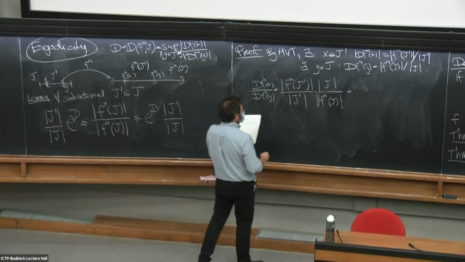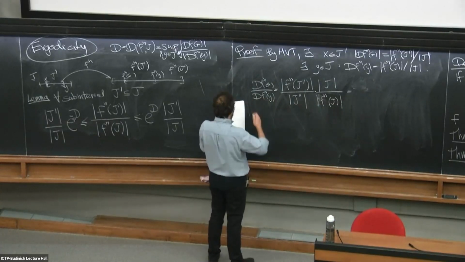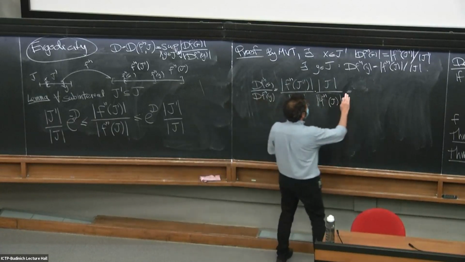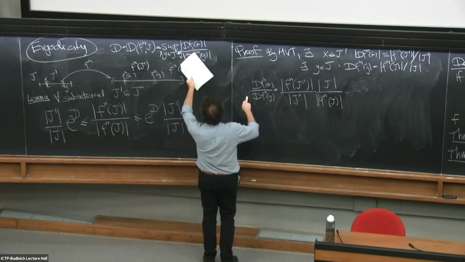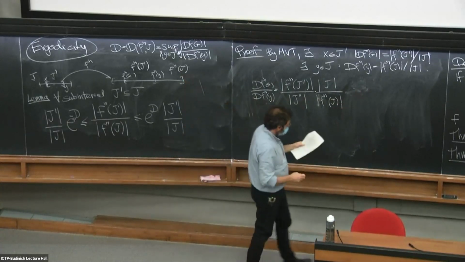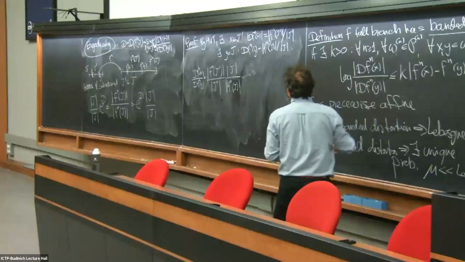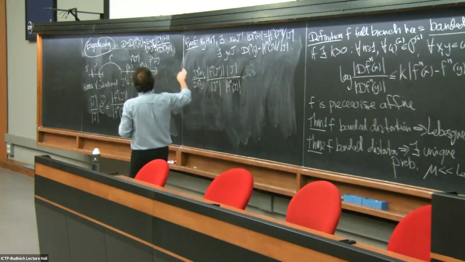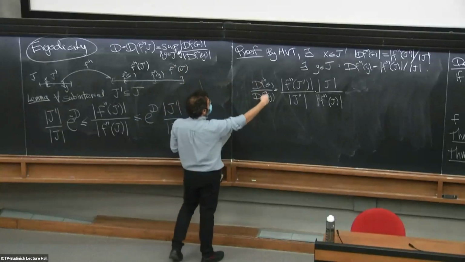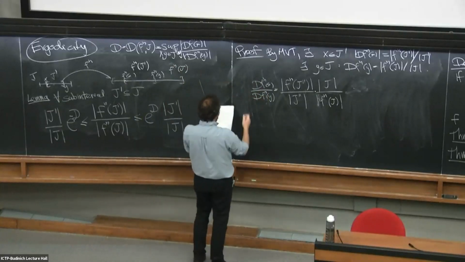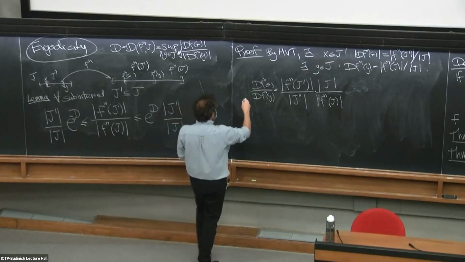So we know that by definition of distortion, this D is the supremum of the log of these ratios over all x and y. So, yes, I'm taking the exponential.